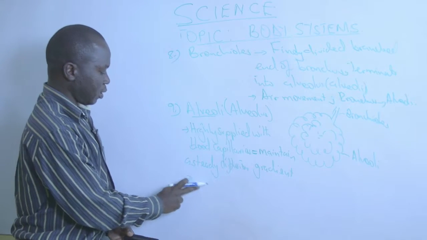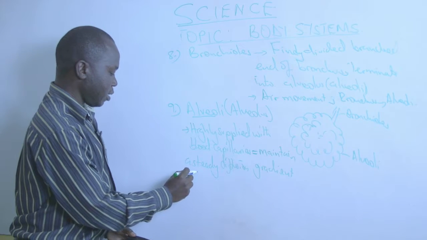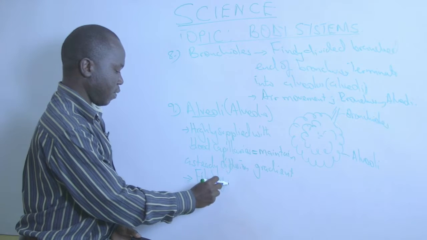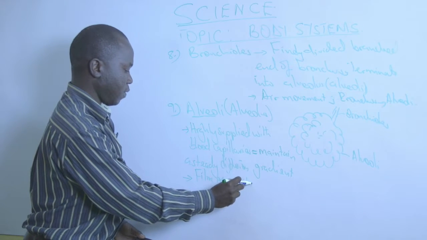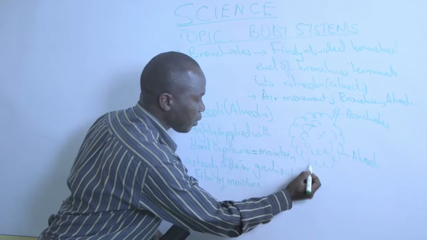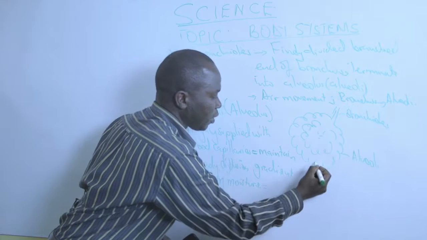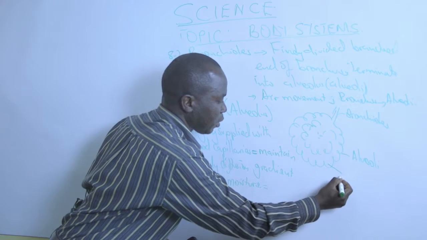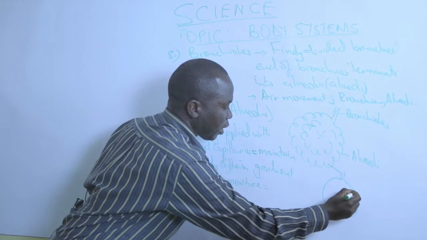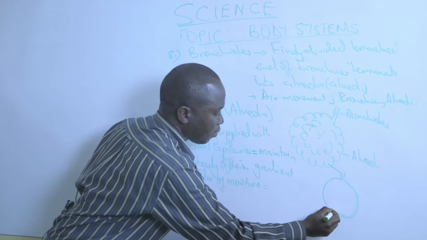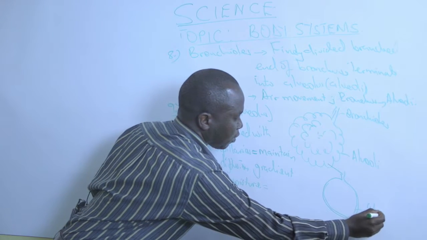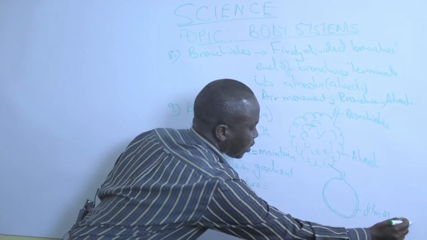Another very important feature of the alveoli is that it has a film of moisture. If we magnify this part and go inside the alveoli, we shall have a film of moisture.